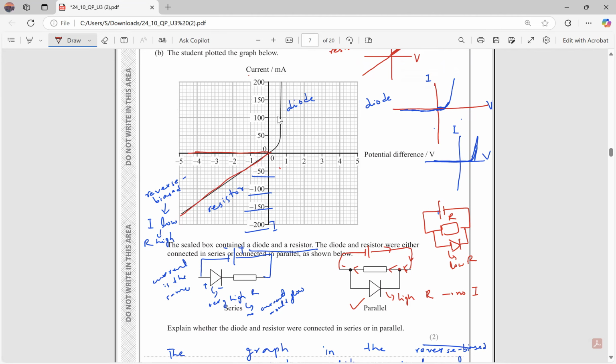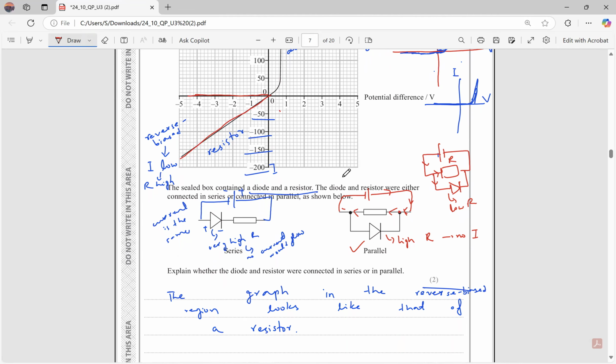There would still be some current going through the resistor, but it would be much less compared to the one going through the diode. So the diode characteristics would become dominant, and that's why the graph here looks like that of a diode and not that of a resistor.